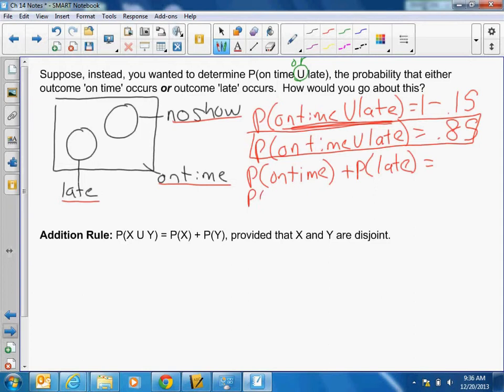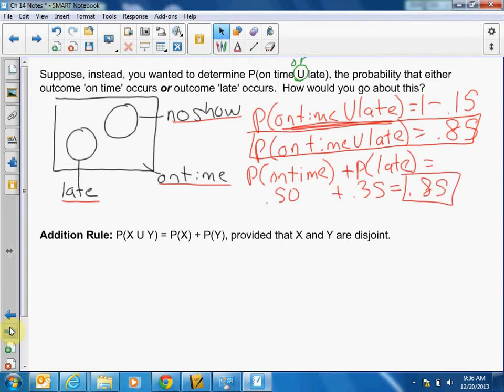If the probability of being on time was 0.50 and the probability of being late is 0.35, that would mean the probability of being on time or late is again just 0.85. So you can either use the complement rule or add the probabilities directly, on time and late, because they're disjoint events.